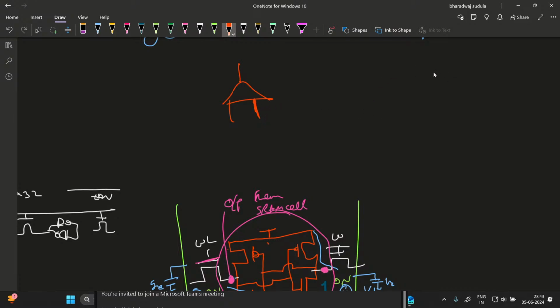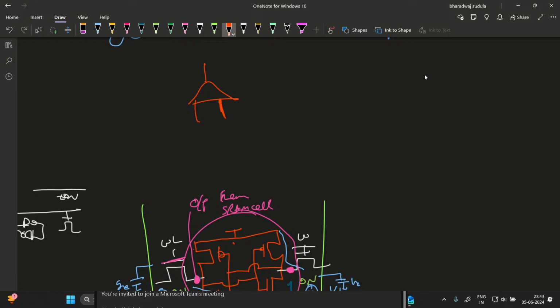In a sense amp, what happens is you have a similar structure. You have back-to-back connected inverters, and this is connected to an NMOS, where this is controlled by a sense amp enable control pin.